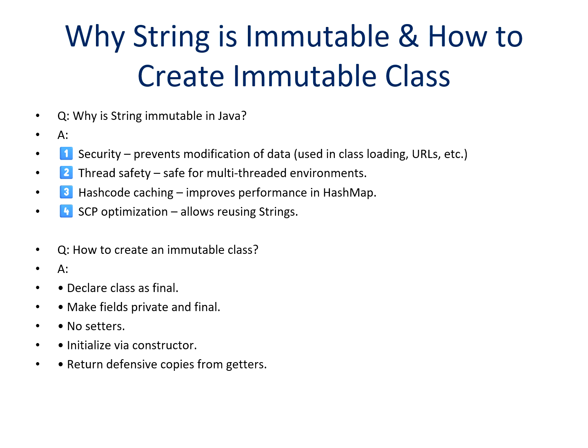Now let's see how we can create our custom immutable class. There are a few steps for that. We can declare our class as final, make the fields private and final. No need to include the setters. Initialize the data using the constructor and return defensive copies in getters.